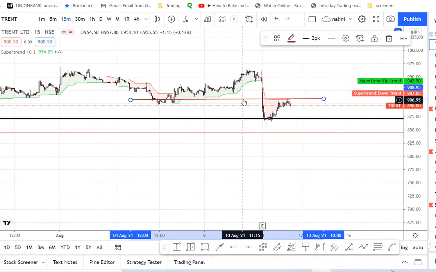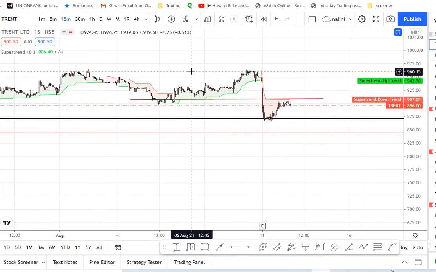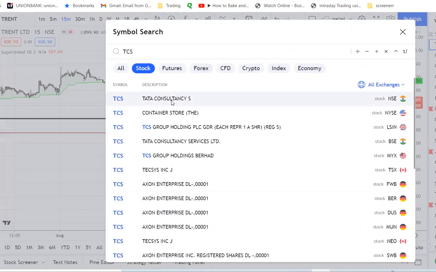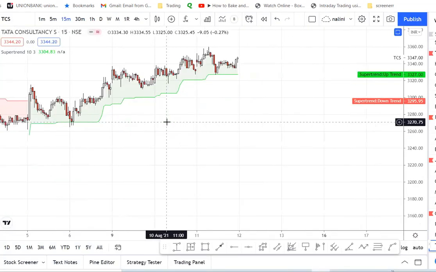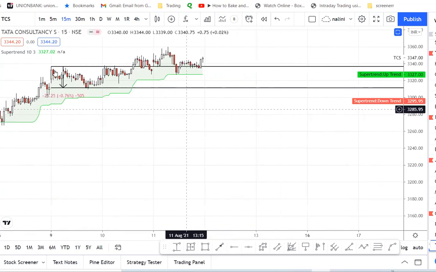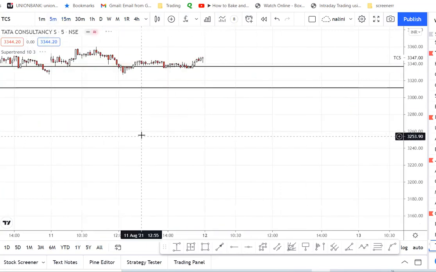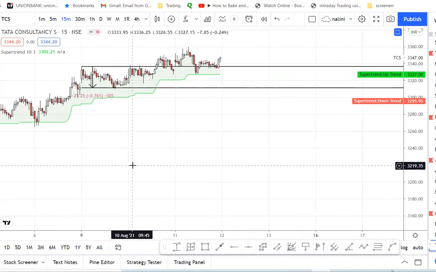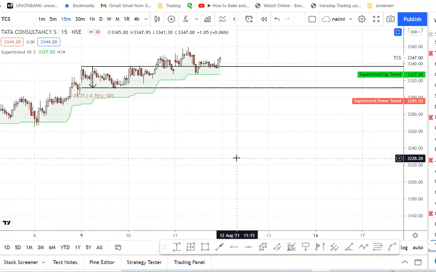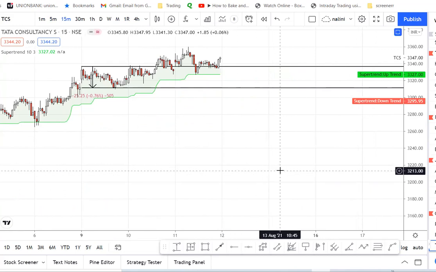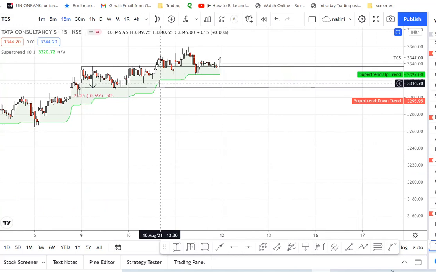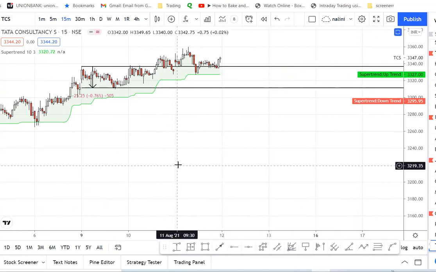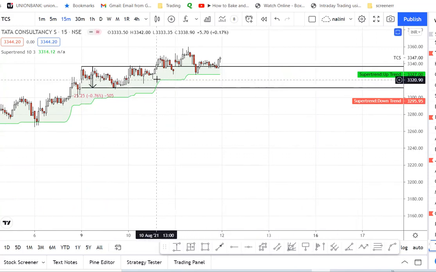and resistance. Let me go to another example. Let me take TCS, which was in an uptrend. 5 minutes chart or 15 minutes, I'll take 15 minutes. See, today was a down day. On the previous day, there was a trend.